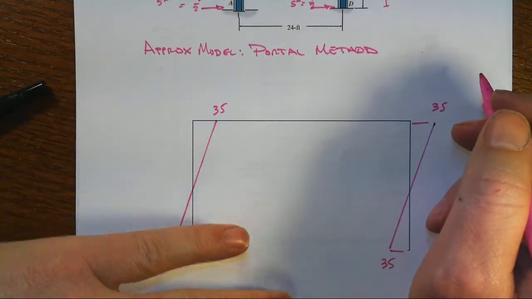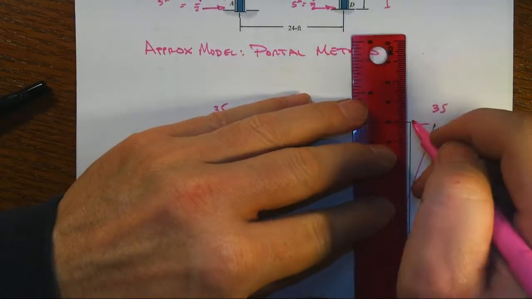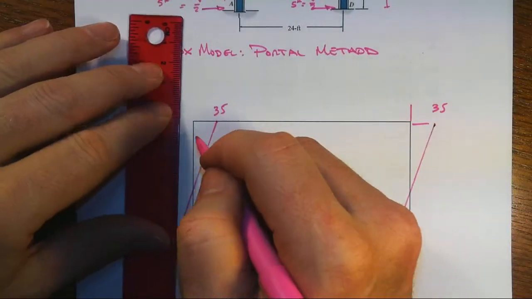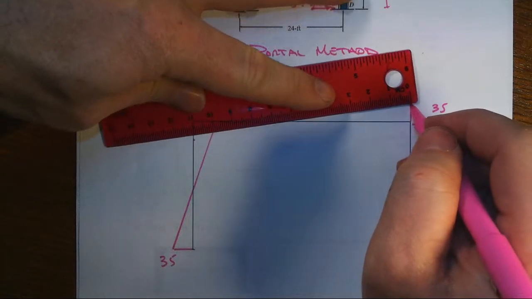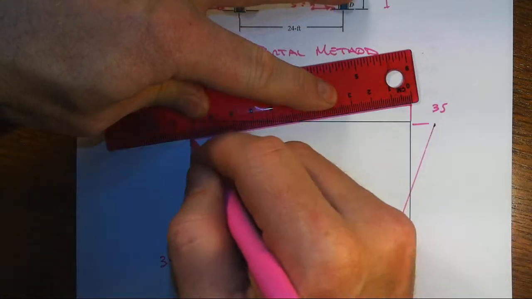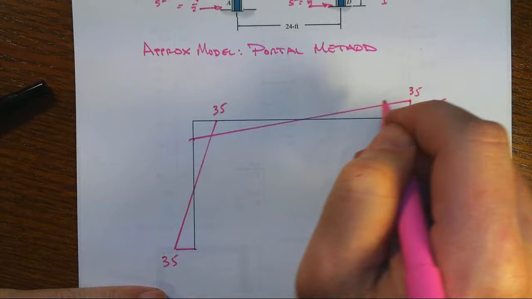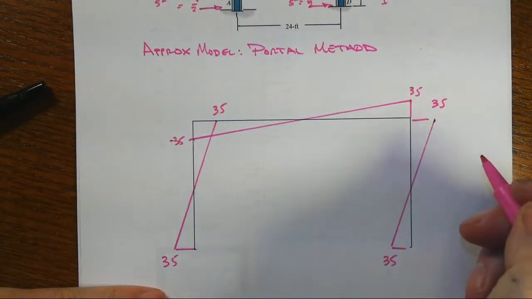And of course likewise in the beam we're going to end up also with 35 for that equilibrium of the joint, and we'll have 35 there and 35 at the other end.